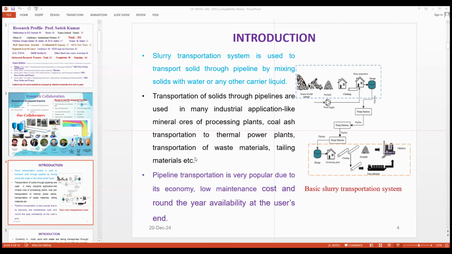As per the Government of India norms, we have to utilize the fly ash as well as the bottom ash in many areas, but nowadays we are able to utilize only 45-50% of the produced ash in different applications, like making roads or utilization in cement and other purposes, and the rest of the ash is sent into the ash ponds.